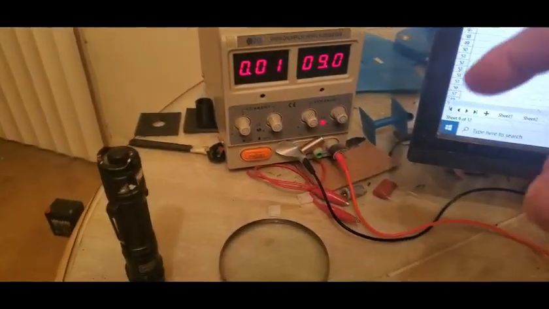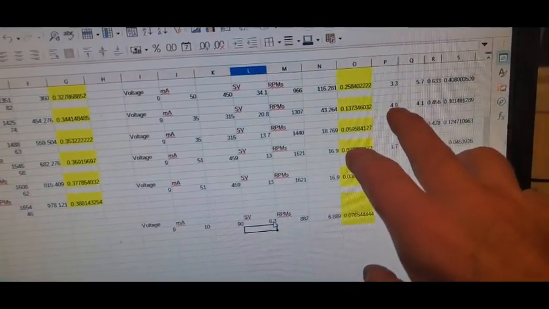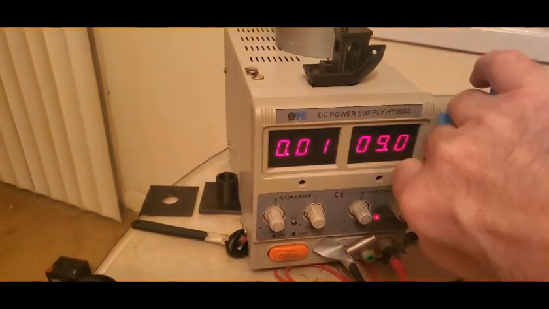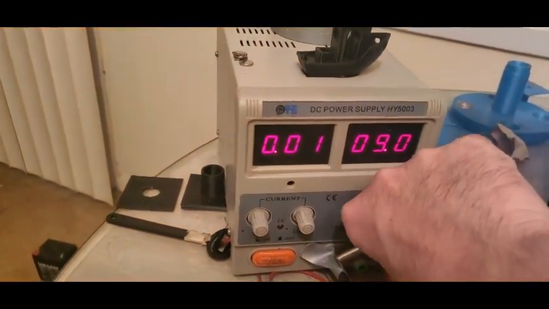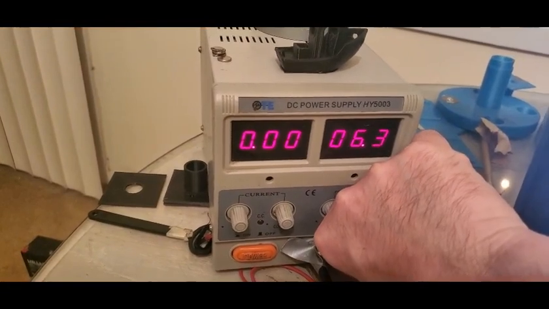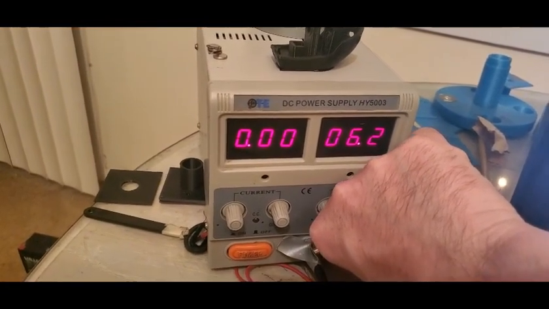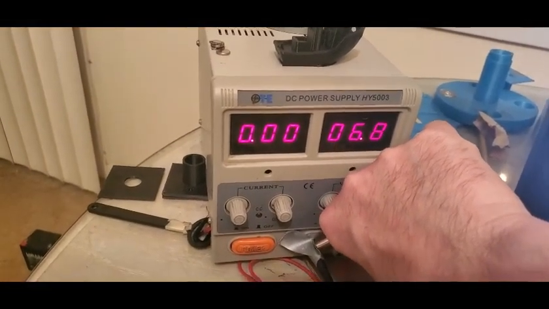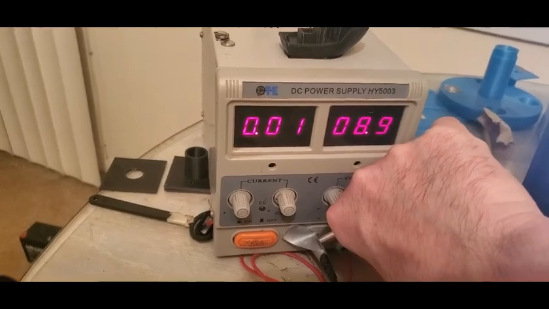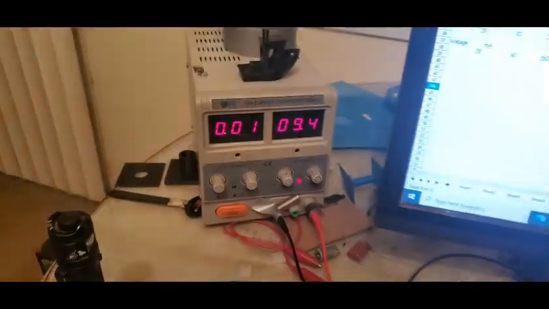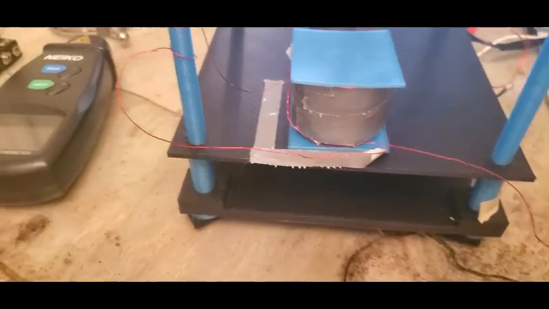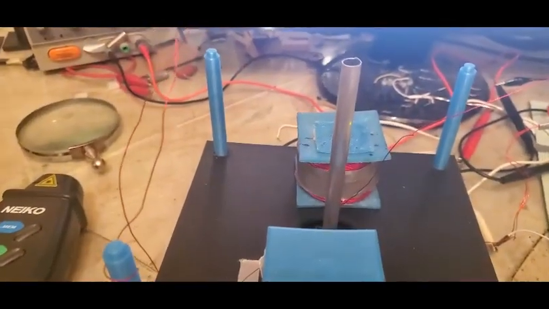Here's the kicker though. We were at 4.9 when we shut it down. Now it's 6.4, 6.3, 6.4. I guess I'll call it 6.4.